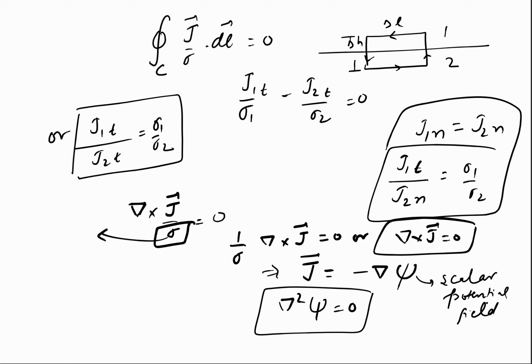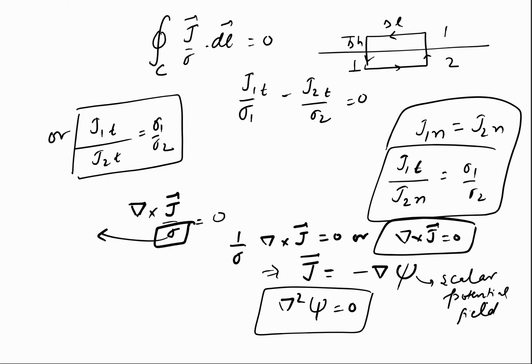That's why, as I told in the beginning of the steady current chapter, electrolytic tanks were used to find solutions to some electrostatic problems which were not solvable directly using analytical methods. And that's why electrolytic tanks were used to map the potential distribution for the difficult to solve electrostatic boundary value problems.